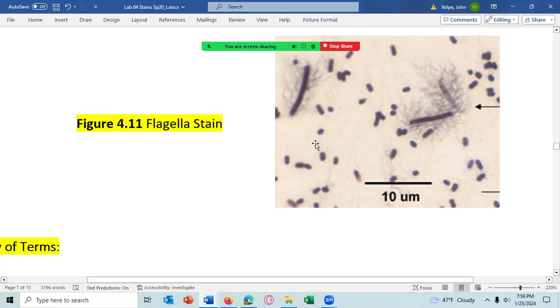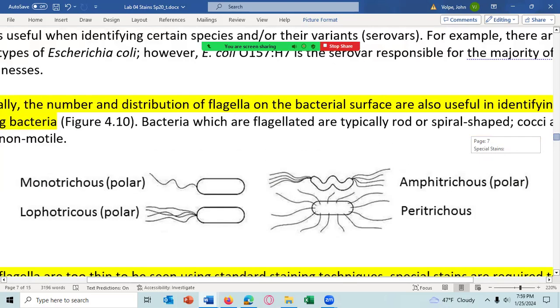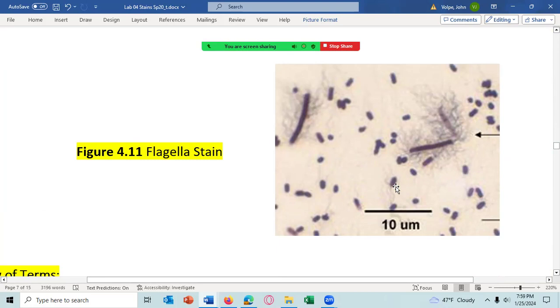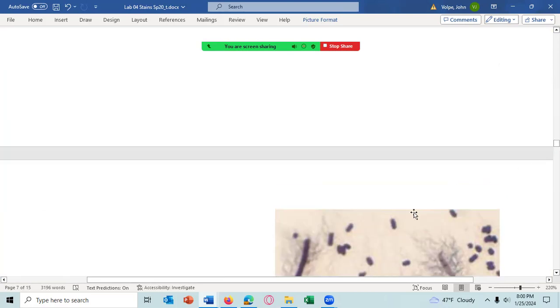And then the cell will make more flagella, and that would be probably this cell here, which has 3 flagella on one side. And then given more time, the cell can put flagella out on the other end and be called amphitrichous. And then lastly, given enough time, the cell will start putting flagella out everywhere on the cell, and those we call peritrichous. Any question about any of that?